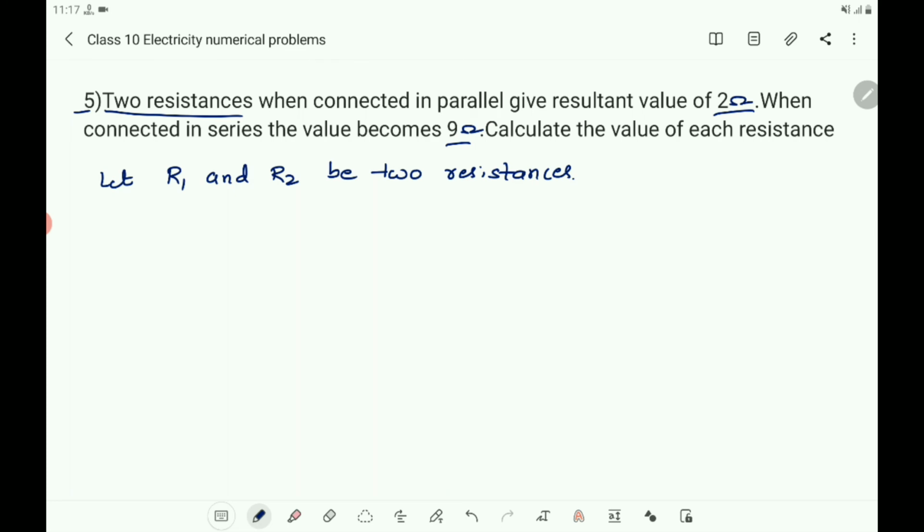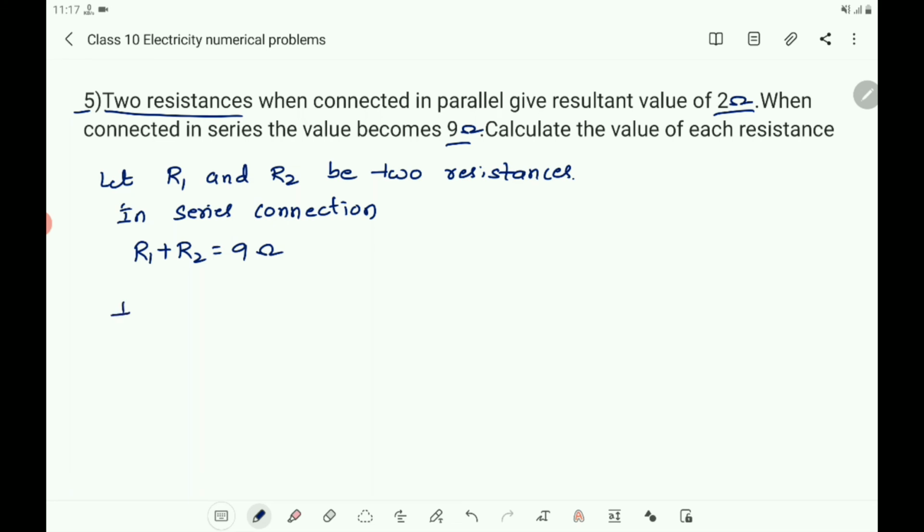Here when they are connected in parallel, that becomes 2 ohm, and when connected in series, they become 9 ohm. So first let us take the series connection. In series connection, R1 plus R2 equals 9 ohm.